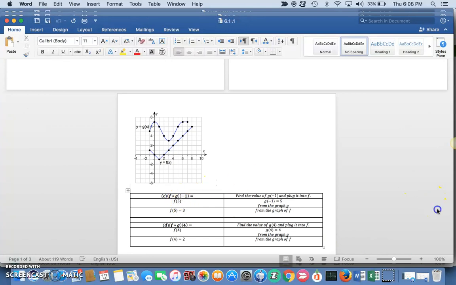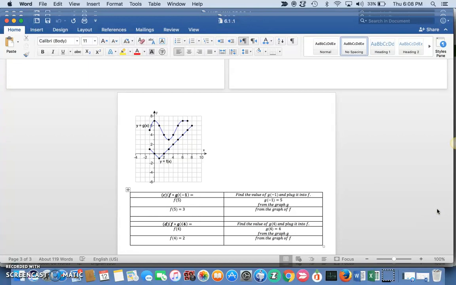C, here is f of g of -1. And what are we going to do? We're going to evaluate g of -1 first. We could write it in and say that that's f of g of -1.